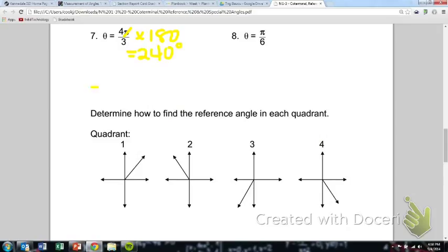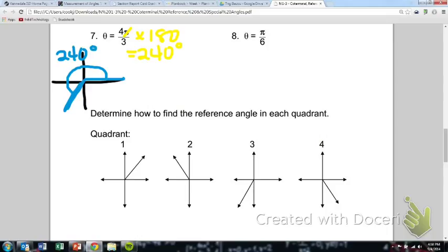All right. So if you think about where 240 is, 240 is going to be in the third quadrant. 90, 180, 240. You're 60 degrees past 180.